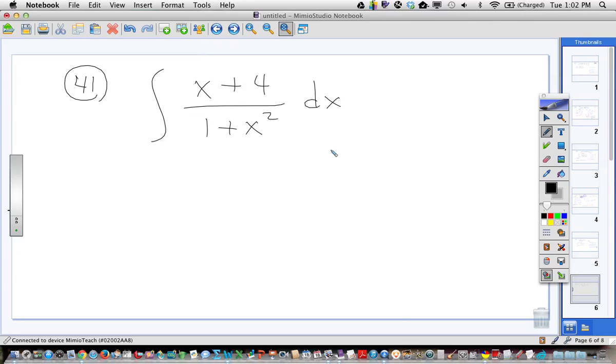The problem with that is you'd have a 1 plus u on the bottom. What else would be an option? I think the whole bottom is the one I would think of first. The whole bottom. Let u be 1 plus x squared.